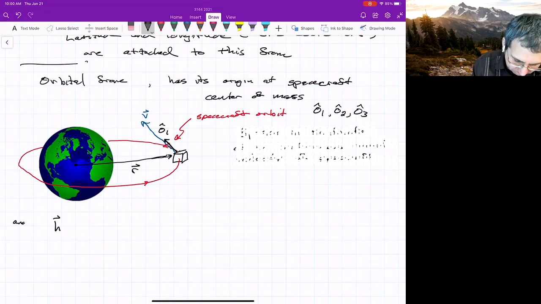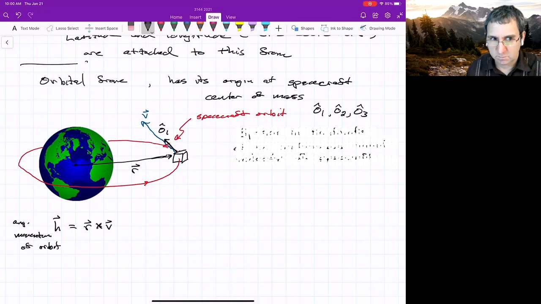The angular momentum of the orbit is in the direction of r cross v, right? And it's a constant vector. It's an inertially fixed vector.